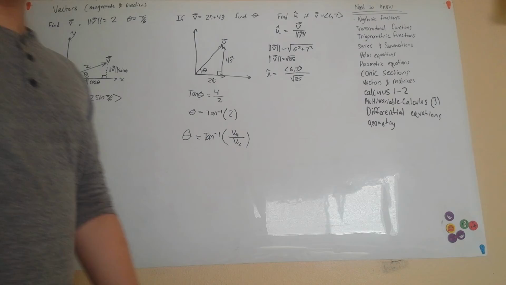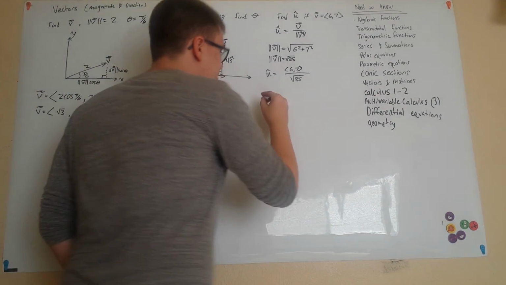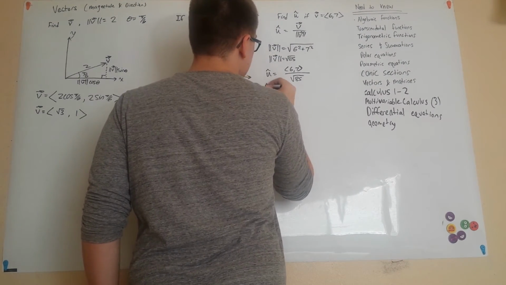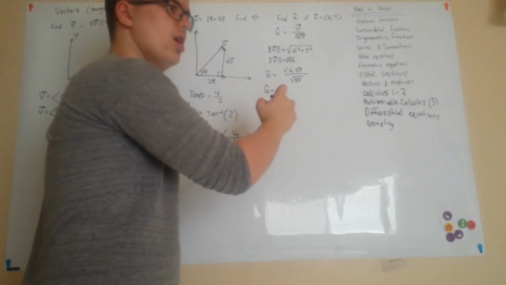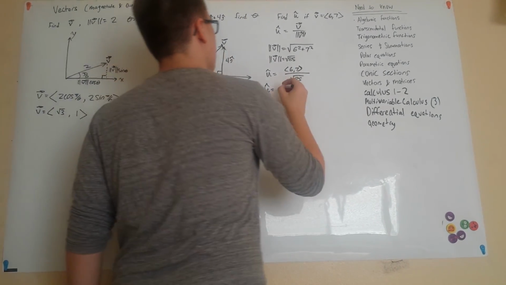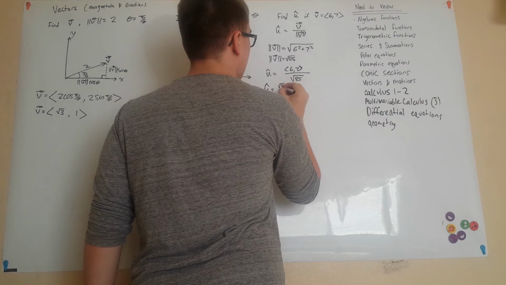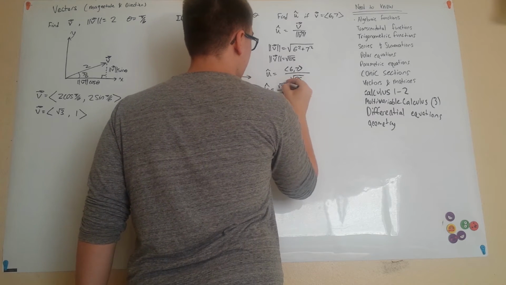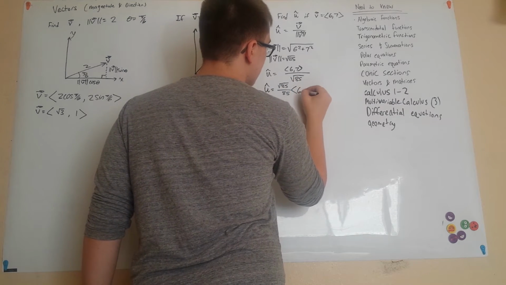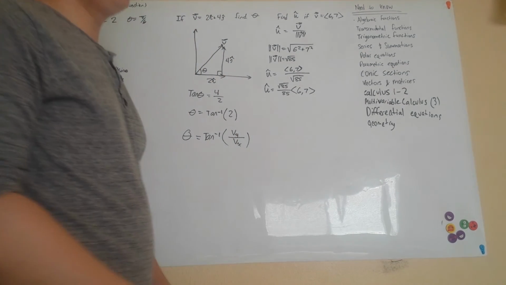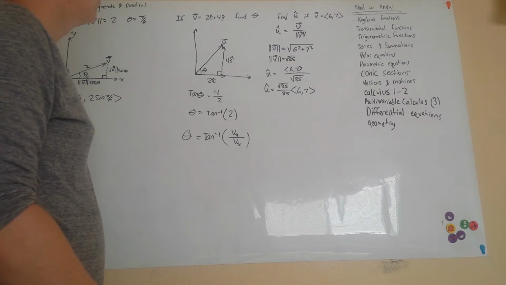A lot of people, some textbooks, really are irritated about this form. So they just say this is the square root of 85 over 85 times this. I don't care.